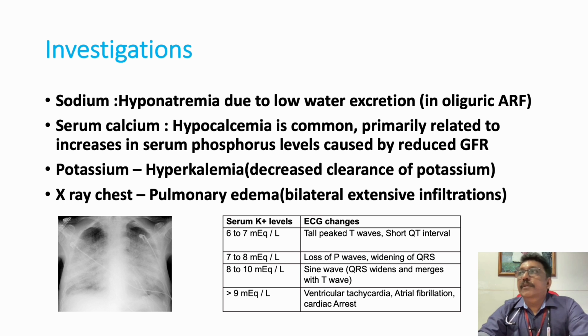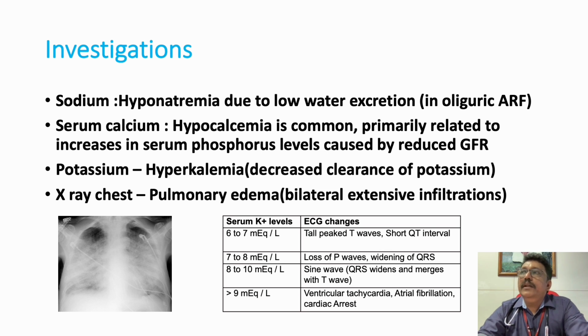Potassium is very, very important, because in both acute and chronic renal failure, potassium can be elevated. But the problems due to hyperkalemia in acute renal failure are more dangerous than in chronic renal failure. The same level of potassium is more dangerous in acute renal failure, because in chronic renal failure the patient's body may have adapted to high potassium for many days.